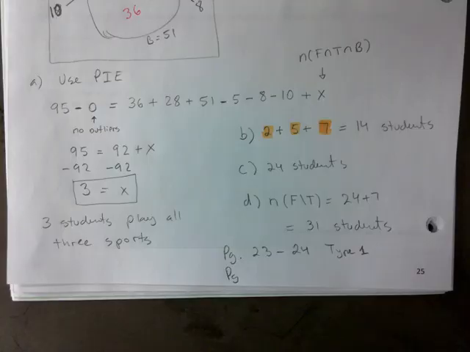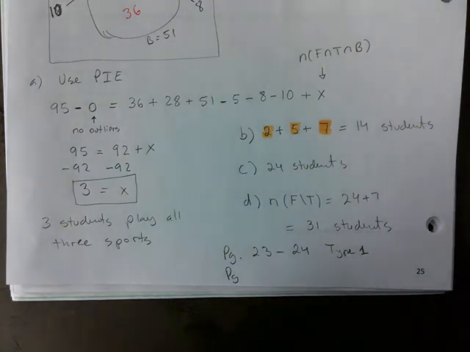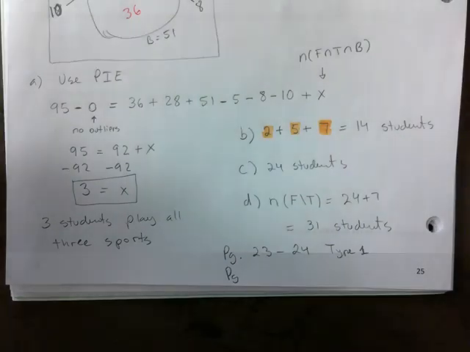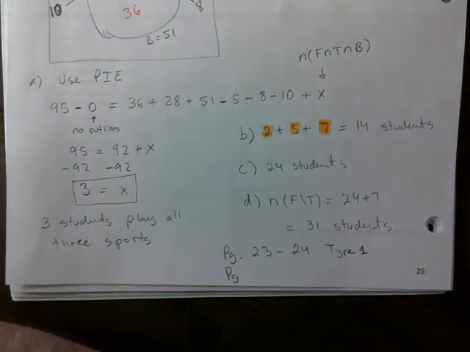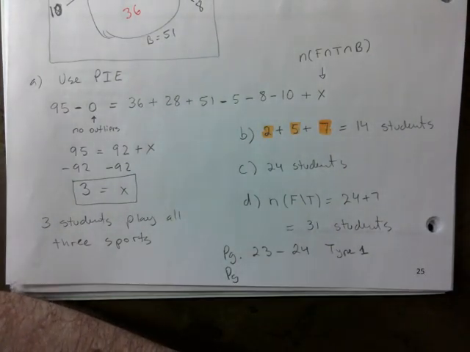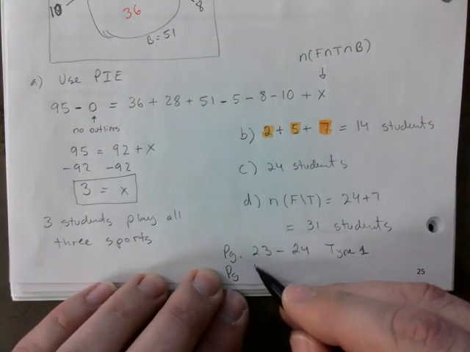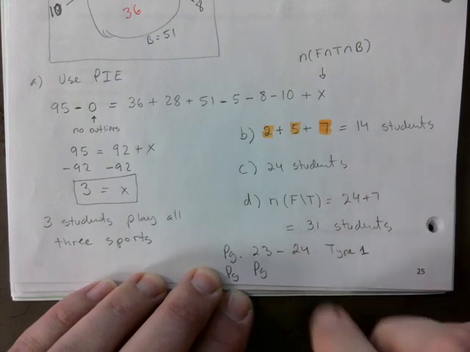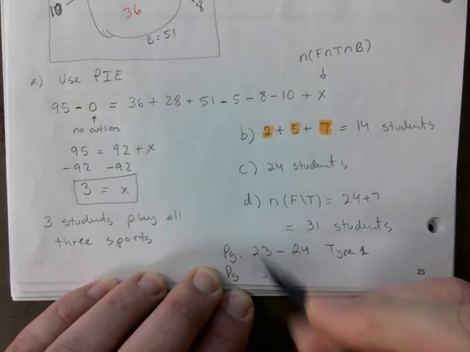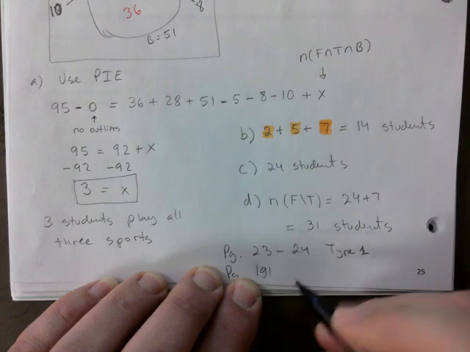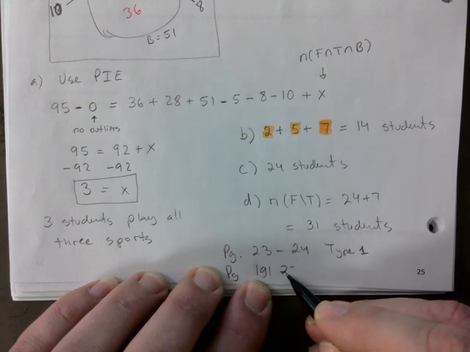And then pages for, let's see here, 27. I'm going to send you to the textbook for type 2. So that'll be page 191, 3 to 8.